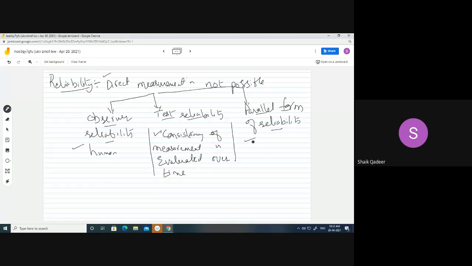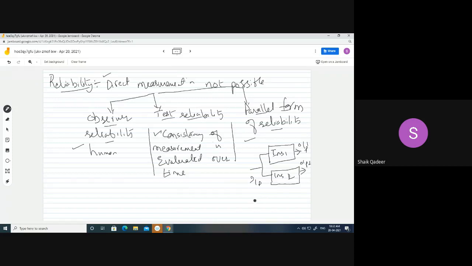In case of parallel form of reliability, what usually happens is that the same design of instruments are connected in parallel, right? And to these, the same inputs or excitations are applied, and their outputs are calculated.